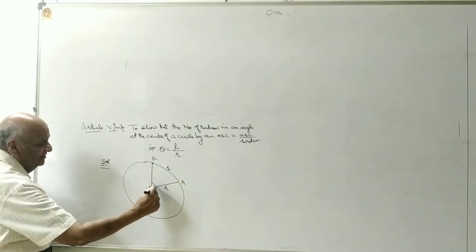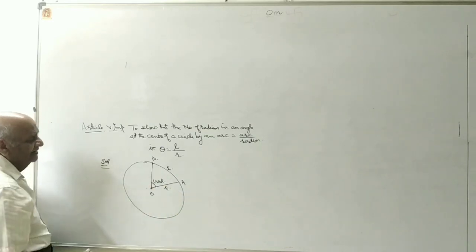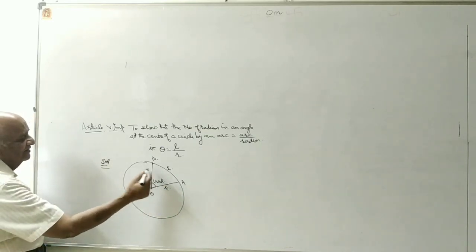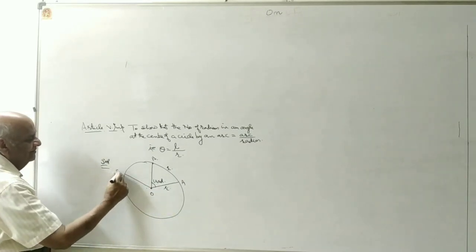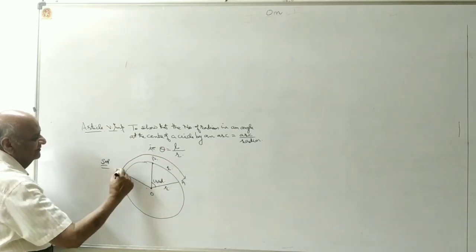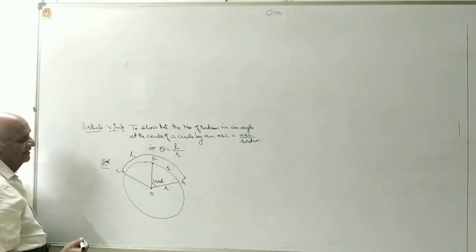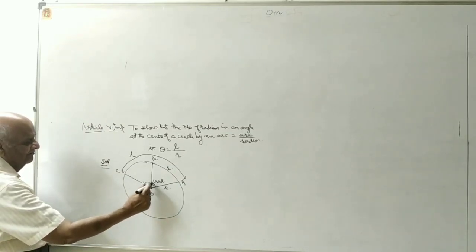Now by definition, this angle is 1 radian. Again, cut off arc ABC equal to the length L. This is L, and the angle here is, say, theta.